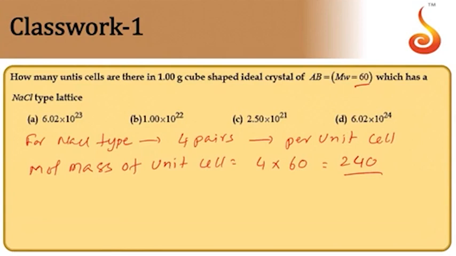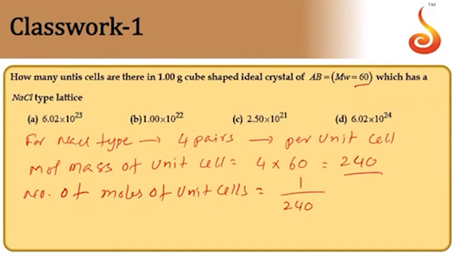Now, the number of moles of unit cells will be equal to mass by molar mass. Mass is 1, molar mass is 240. Now the number of unit cells will be equal to moles into Avogadro's number.